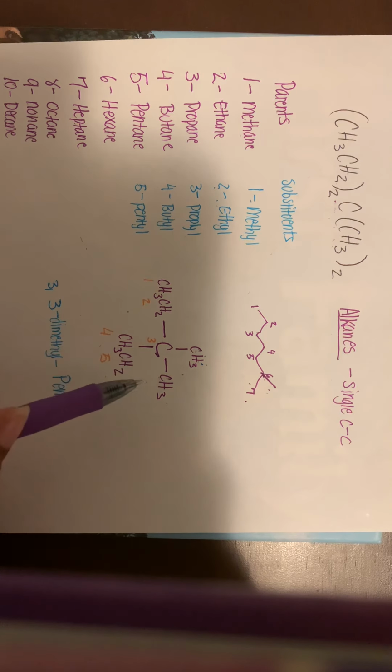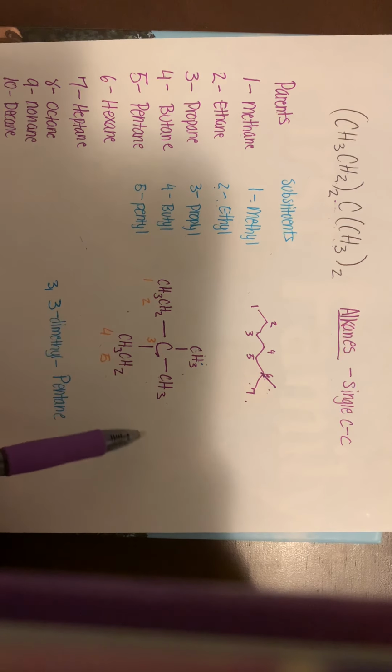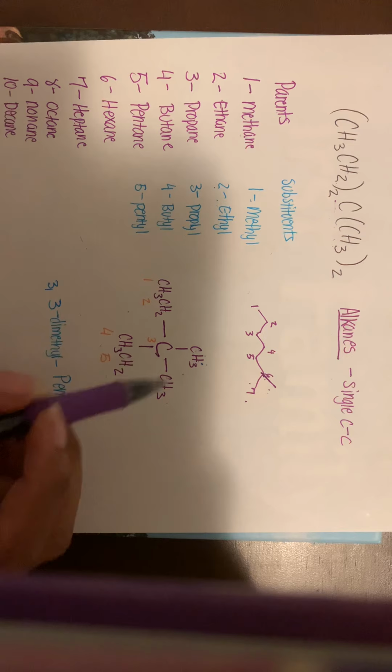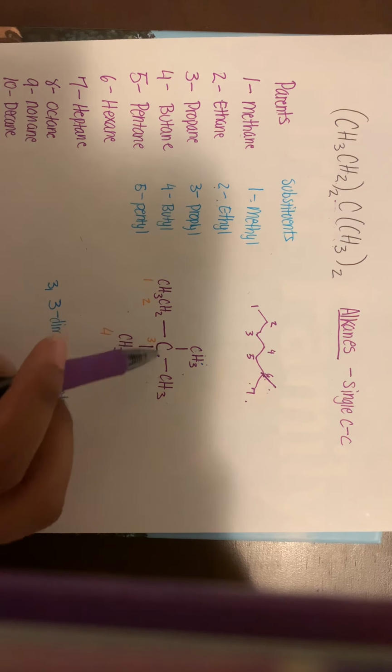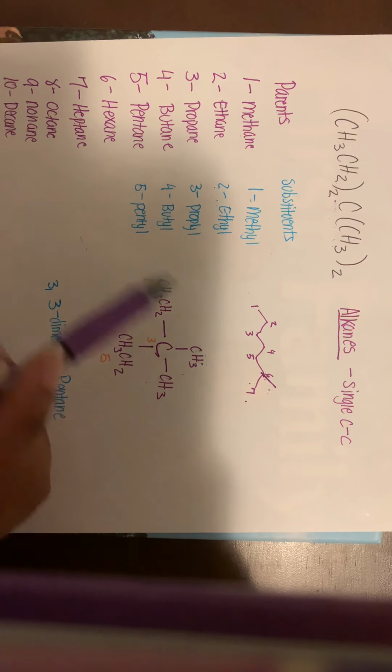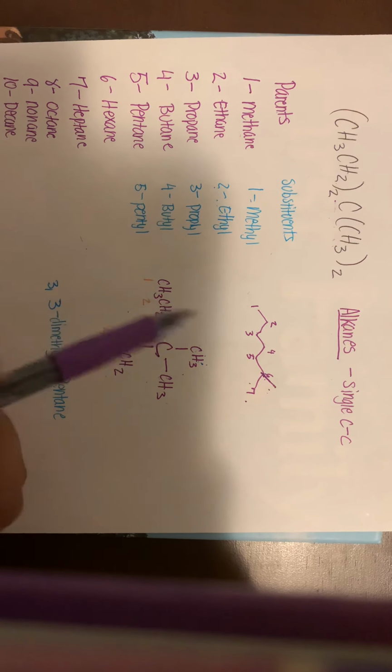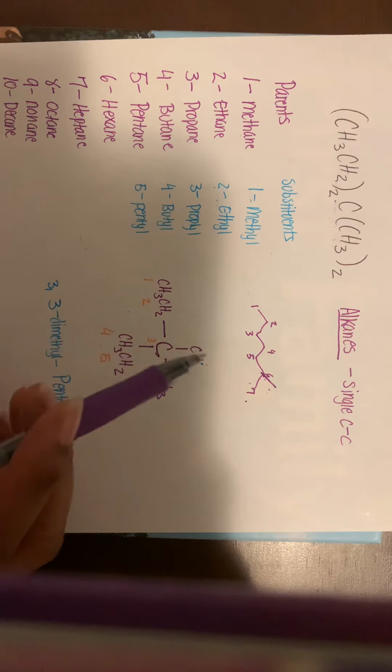Like I said, the first thing you need to do is find the parent chain, which is just the longest chain of carbons. So count your carbons. Naturally, you would go straight first and do 1, 2, 3, 4, and think it's a butane. But remember to check all of your paths.